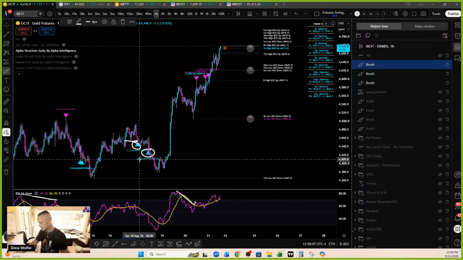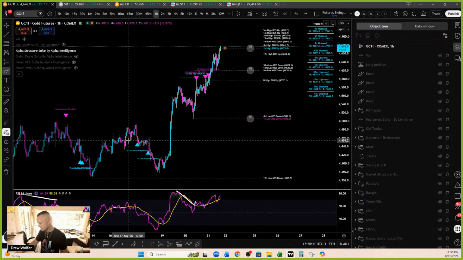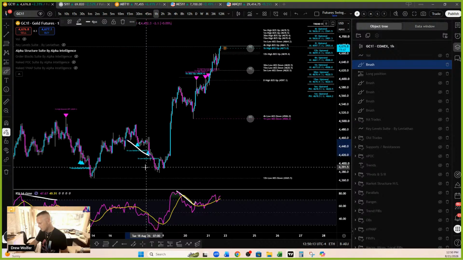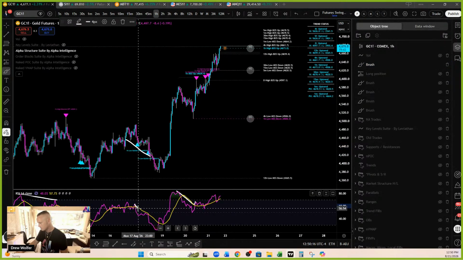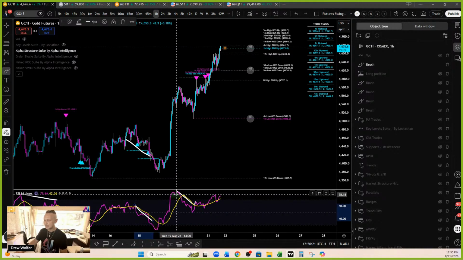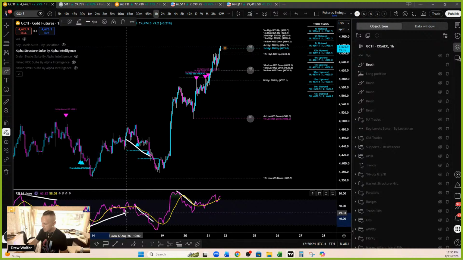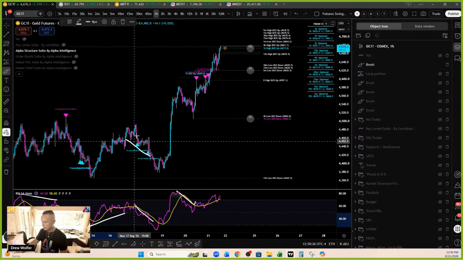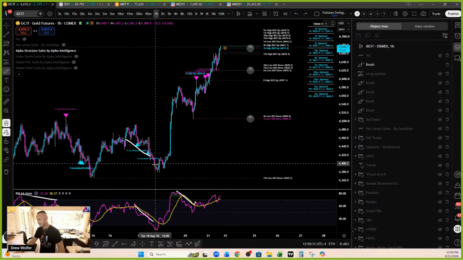These were your lows. Price is trending down. Look at this. Price is trending down. What's RSI doing? Trending down. See what I'm saying? That's not a divergence. You would have needed to see RSI trending up, not down. That's what keeps you out of the false signals, okay? That's what keeps you out of it.